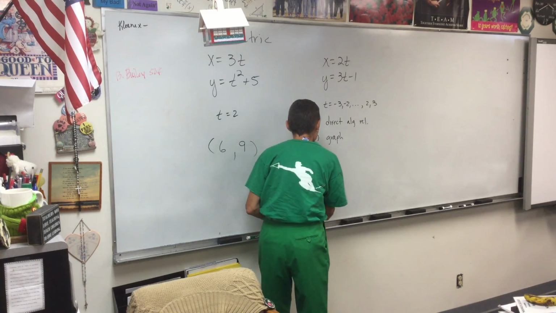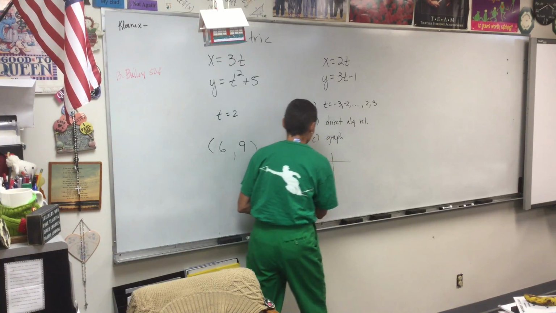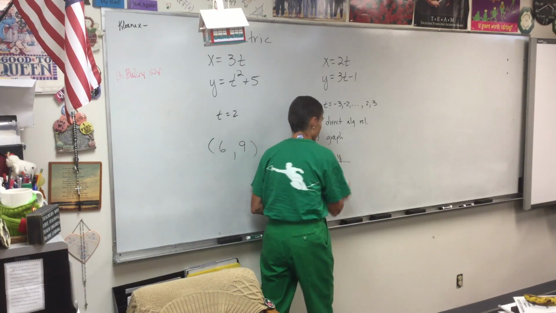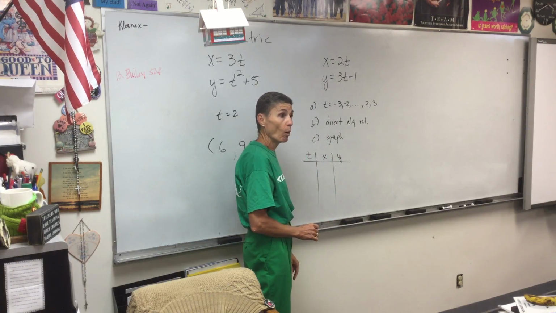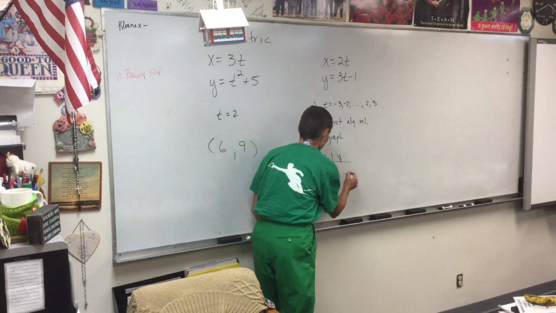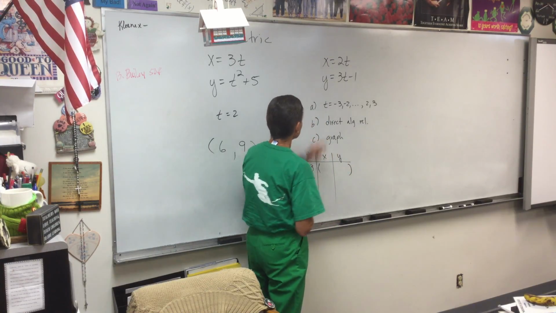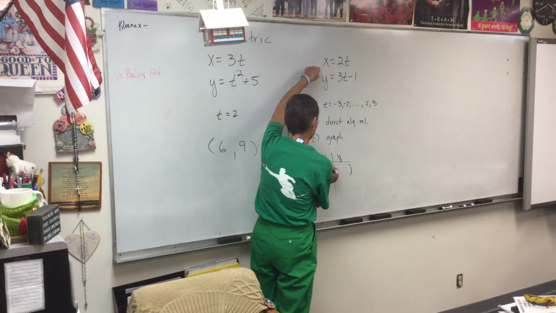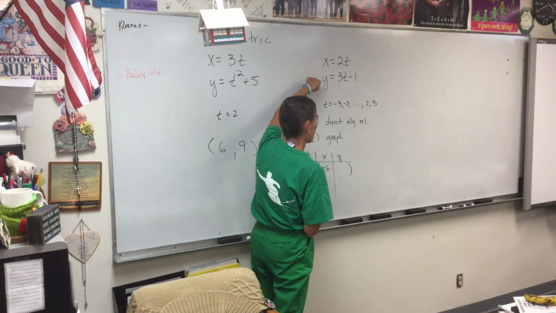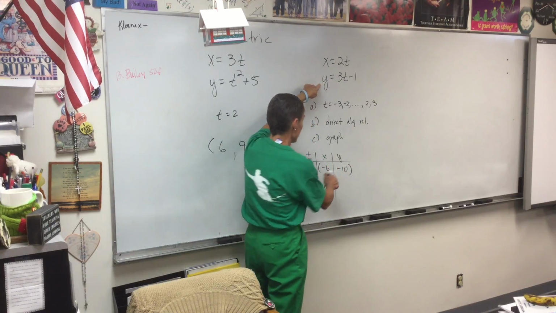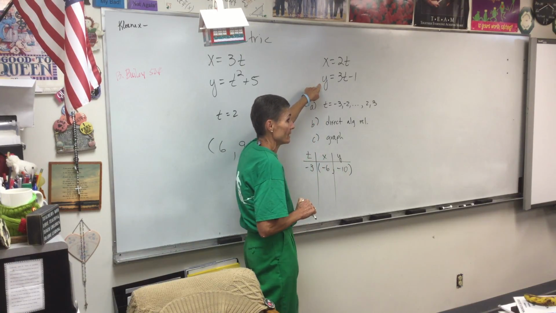So it's like having a t-chart, literally, where you have t values, and then you're going to find x and y values, and these are going to be your ordered pairs. So if t is -3, x would be -6, and y would be -10. So our first point is (-6, -10).